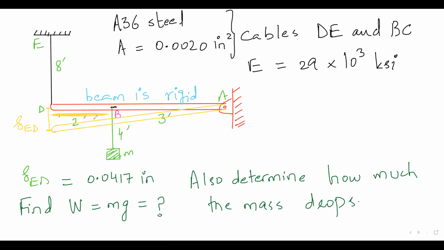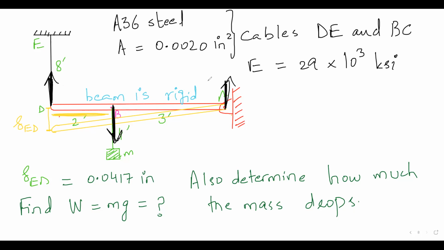Now, in order to do this problem, first I encourage you to use the similarity of triangles to get hold of this dimension. Then, in order to get this weight, you cannot do anything until you use the free body diagram. This arrow will be directed upward, this arrow downward, this one acting upward.